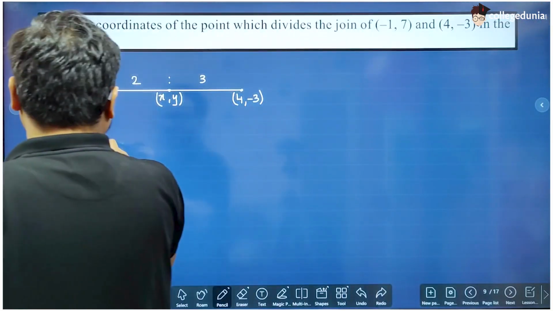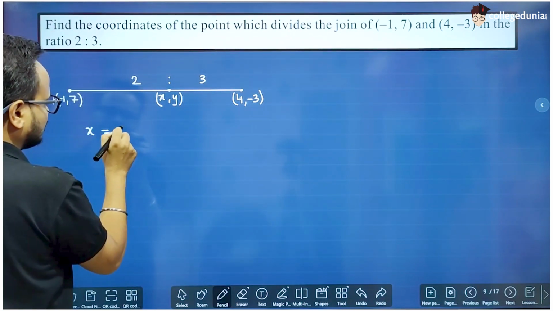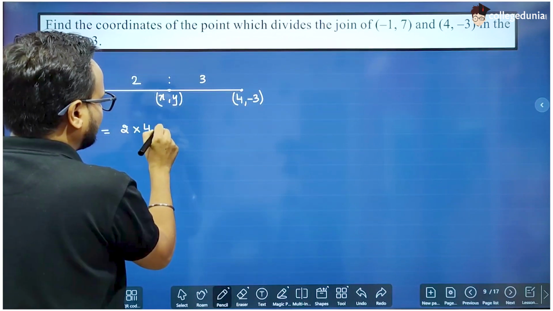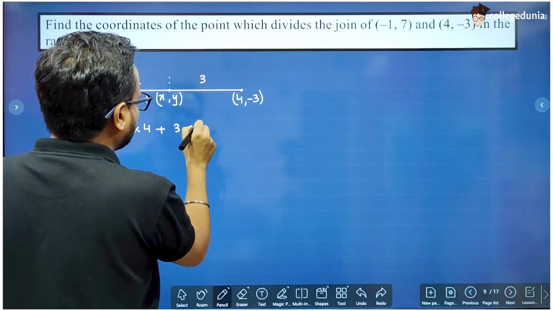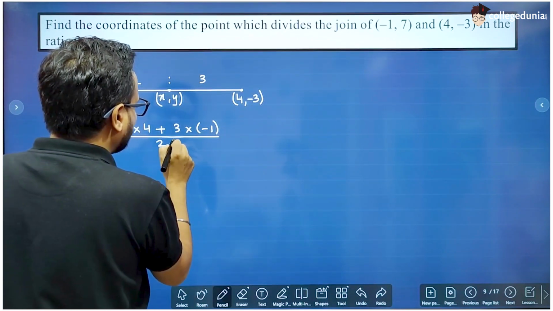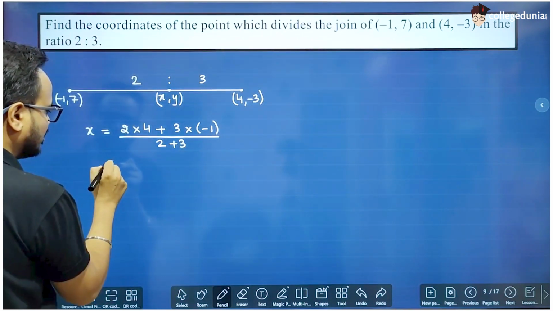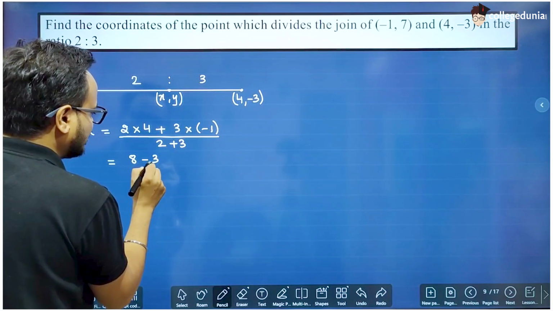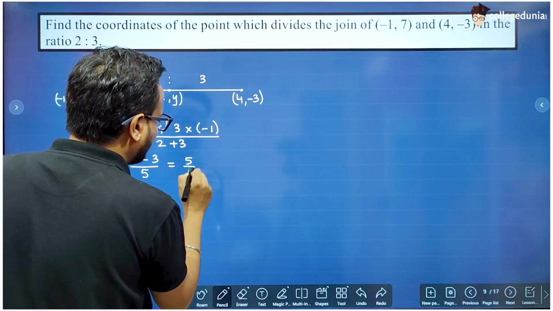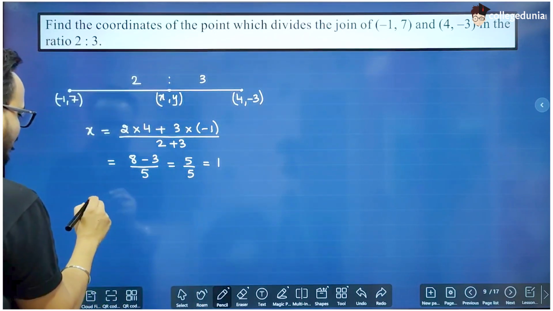So what is the value of x? 2 into 4 plus 3 into minus 1 divided by 2 plus 3. 8 minus 3 by 5, 5 by 5, that is 1.